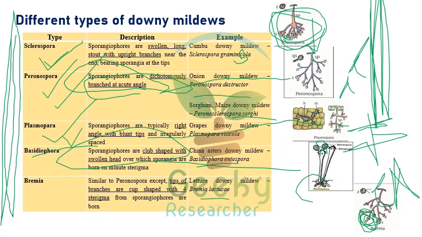They can also ask like this: Plasmopara viticola produces which kind of sporangiophore? Right angle with blunt tips, dichotomously branched, swollen head with stout, or something like that. So please go through this, it is very very important. For years I had lots of confusion on this, especially on the downy mildew topic, and now I am much better and clearer about downy mildew and all the arrangements. Please just go through it.